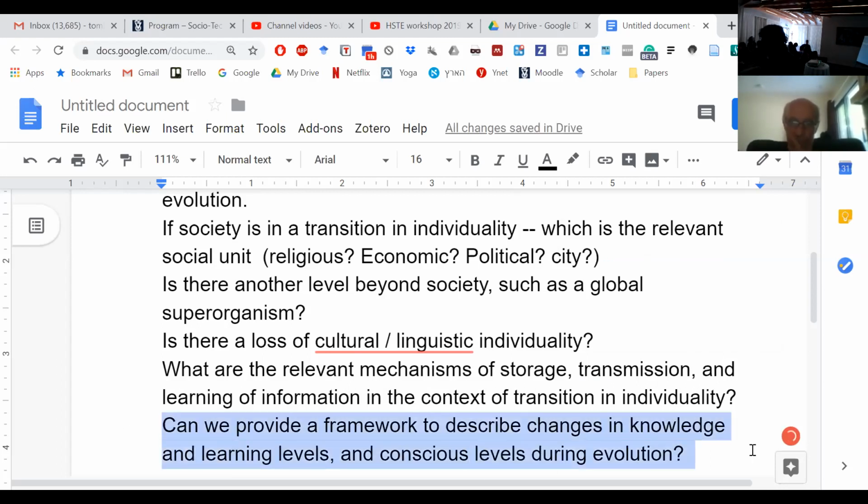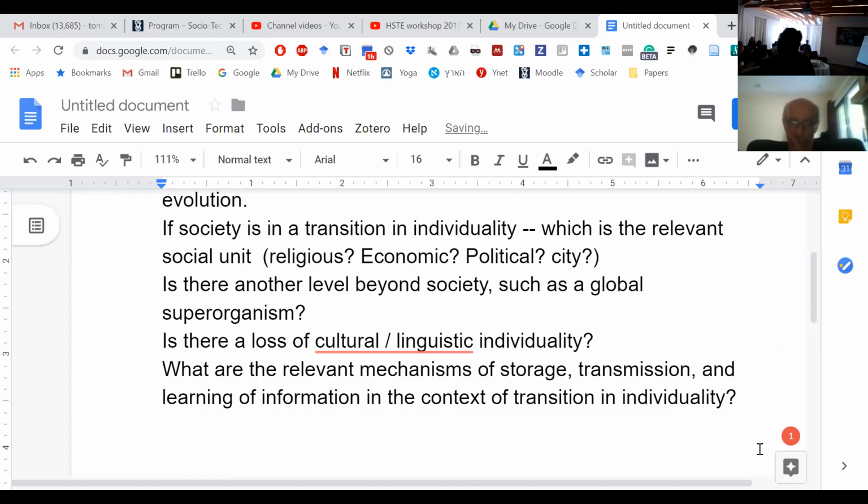So maybe it's a little bit of follow-up or reflection on the last two points. When we talk about cultural evolution, we typically think about items of information that are transmitted among individuals. But of course, culture is itself a sort of individual, right?